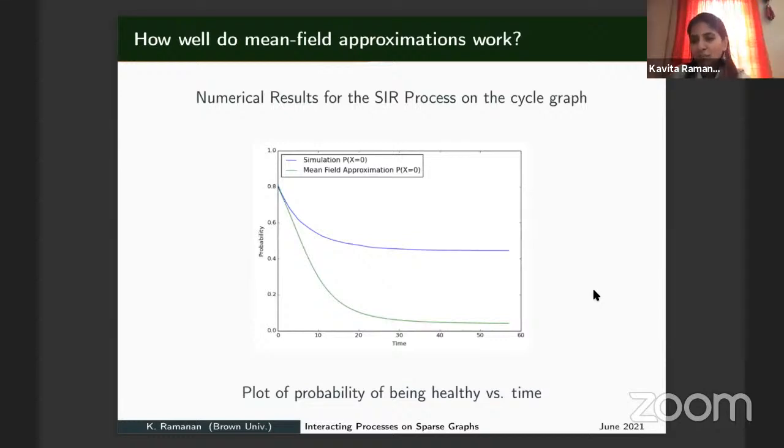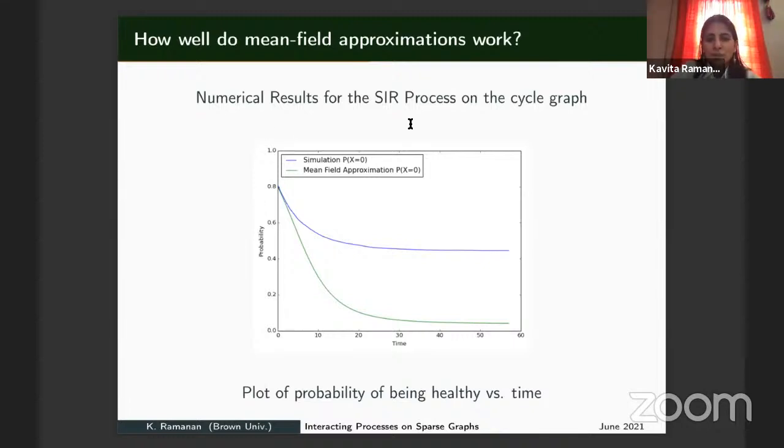If you look at the applied literature, you'll see mean field approximations are used on any graph because there's no other alternative. You have some other graph, and you say, well, I'll assume that it's very well connected, it's dense. But how do you decide, for a fixed n, whether the graph is dense enough or not, right? It's not obvious.